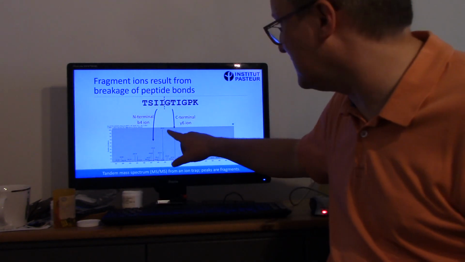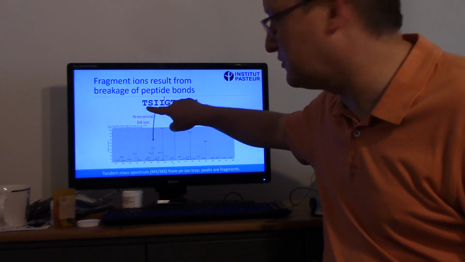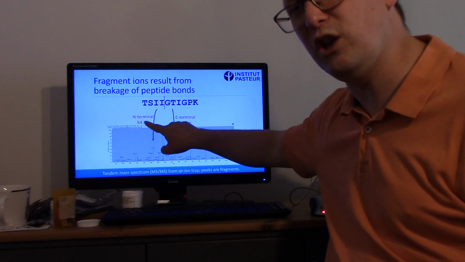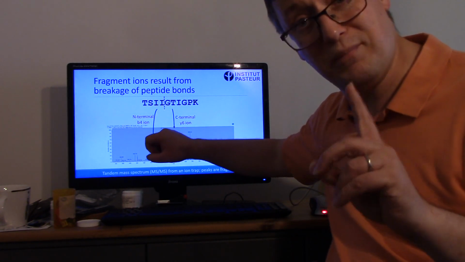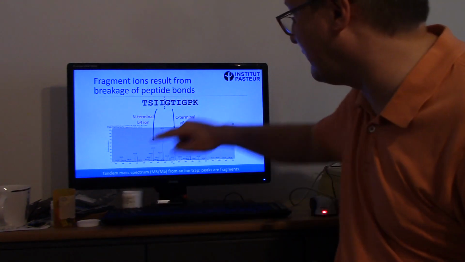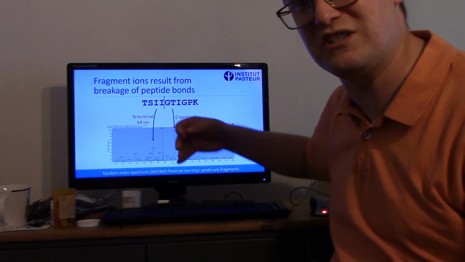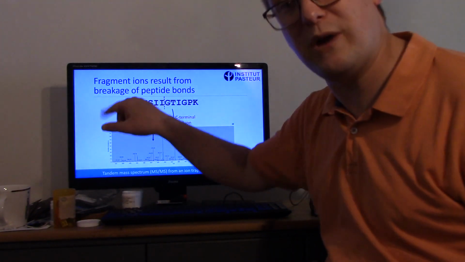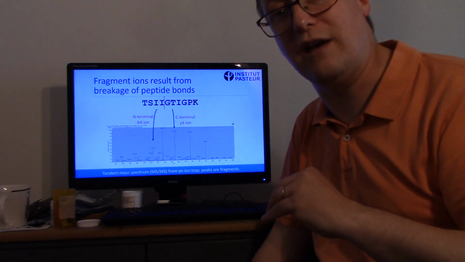What this means is that the closer the breakpoint is to the N-terminus, the smaller the B ions get. But on the opposite end, the closer we get to the N-terminus, the larger the Y ions get, because they contain one more amino acid with each place that scoots left.